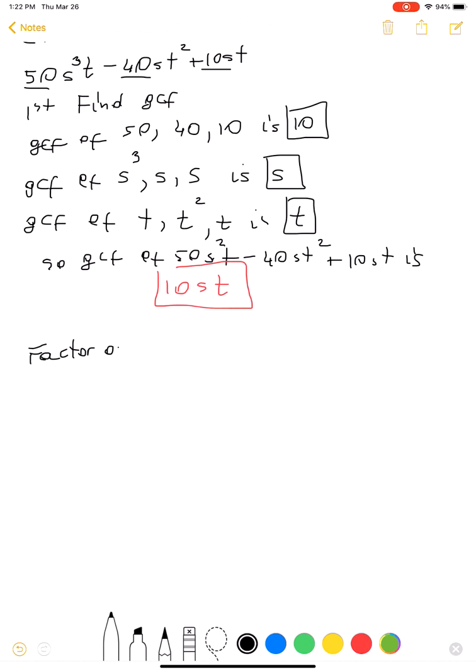So factor out 10 st from the original expression.